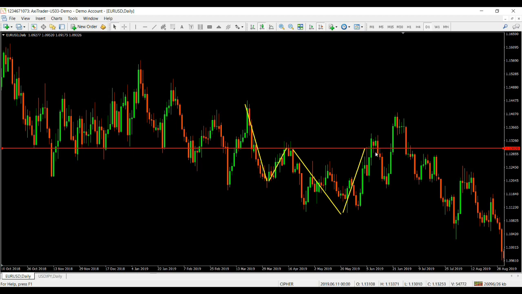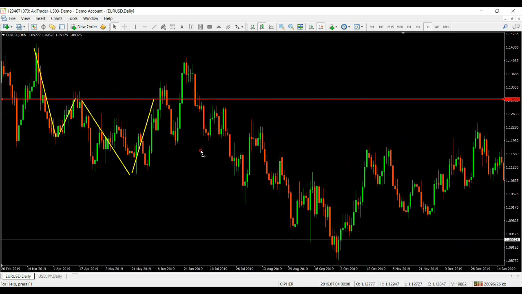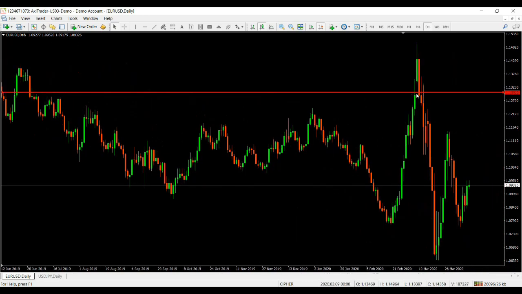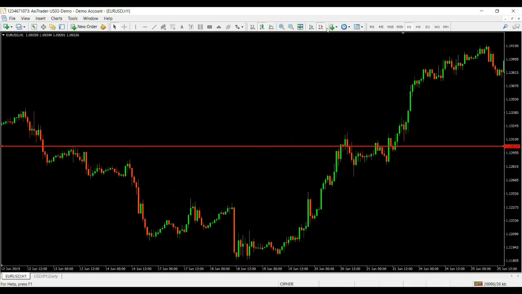It is not necessary that the second time it should bounce, but the chances are more that the future market is likely to react in these areas. As you can see here, there is a bit of a struggle trying to break that, and again it drops, and from there it holds here, and maybe in the future also it is likely to hold there. As you can see, it has definitely held there.